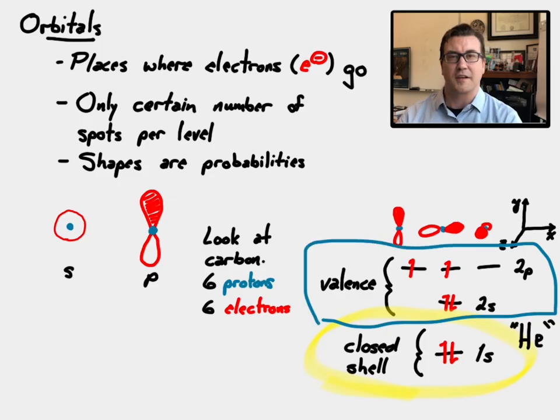These valence electrons are on the outermost orbitals, and they are the reactive orbitals. I'll also point out that there are 3 p orbitals, and these 3 p orbitals are orthogonal to each other, so they're oriented 90 degrees from each other. There's one in this plane, one in this plane, and one in a plane coming straight out from me to you.